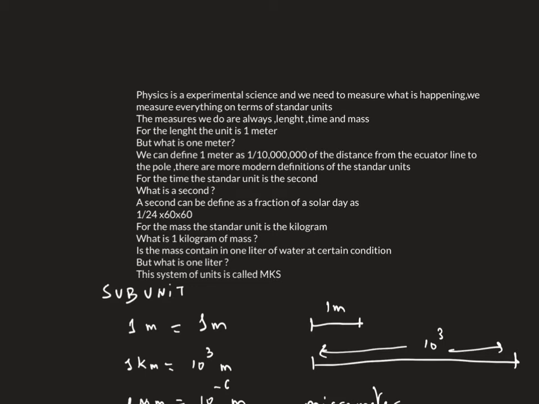What does it mean? It means that we have a sample of 1 meter, and we say that a measure of 3 meters is 3 times 1 meter. So if this is 1 meter, we keep this original length L0 equal 1 meter.